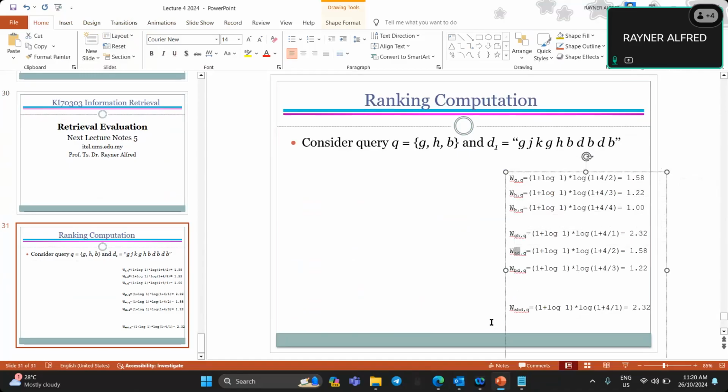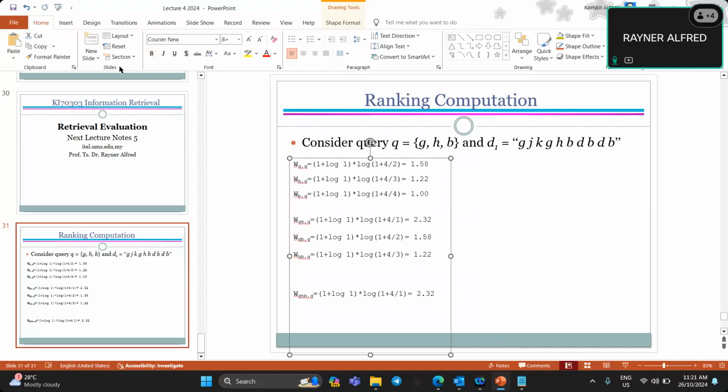This one is GB. And then HB. And then GHB. Can you see?